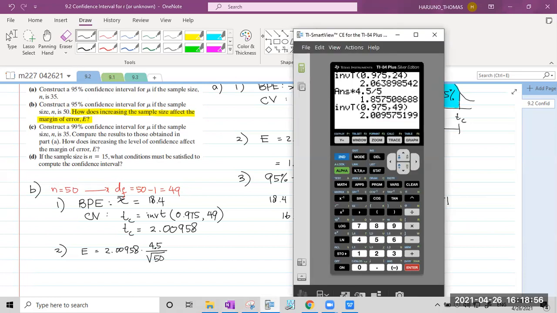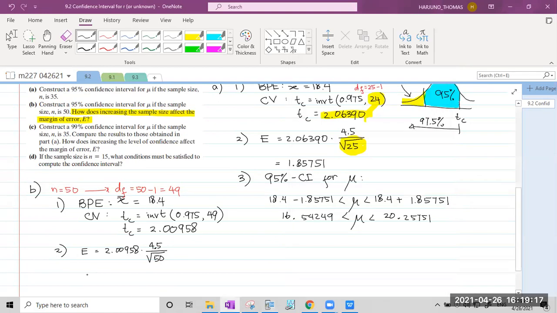Okay, so I go back to my calculator, multiply that by the sample standard deviation, divided by square root of the sample size 50. That's 1.27889. Margin of error is 1.27889.